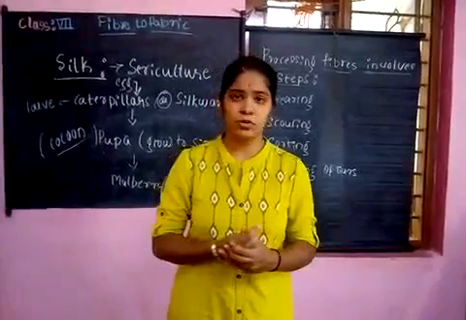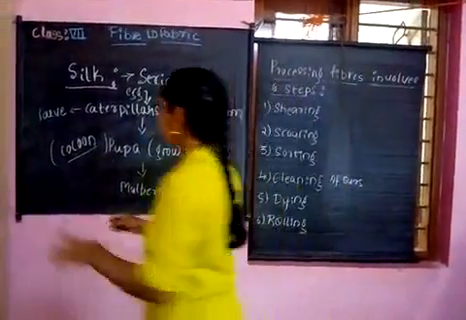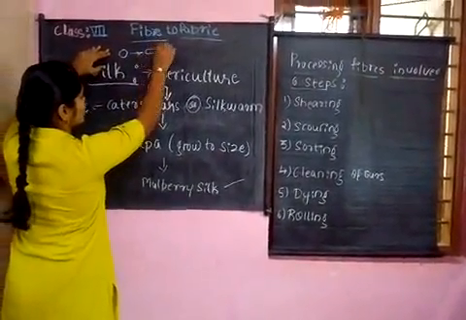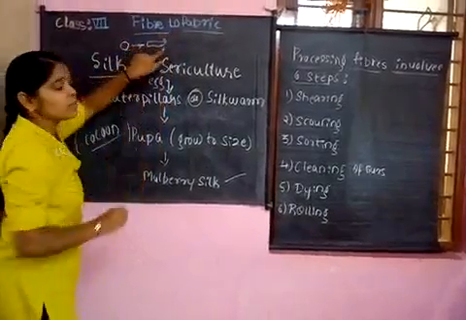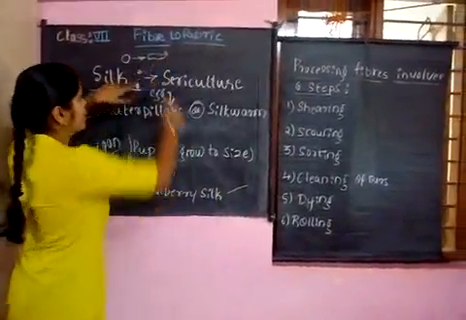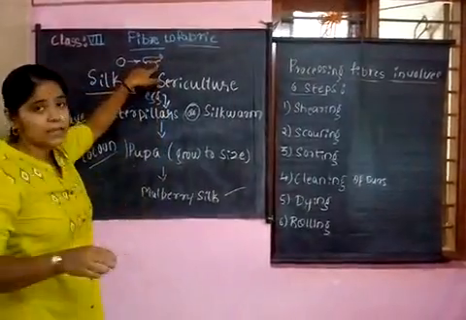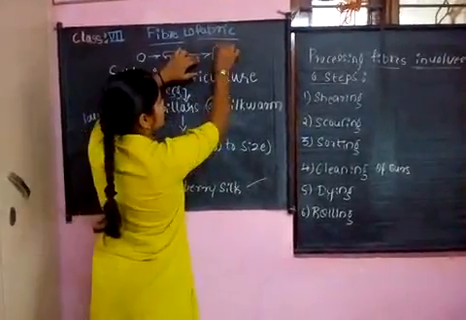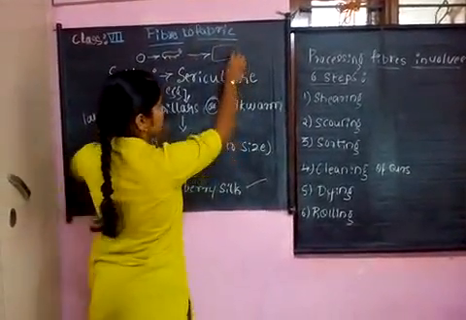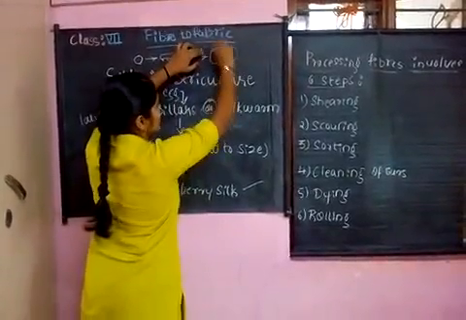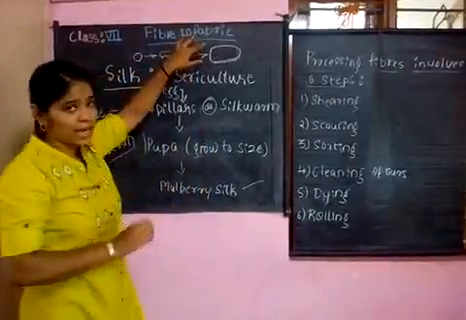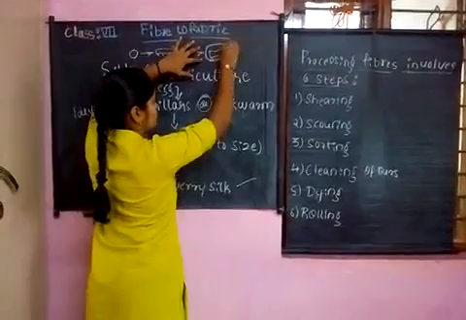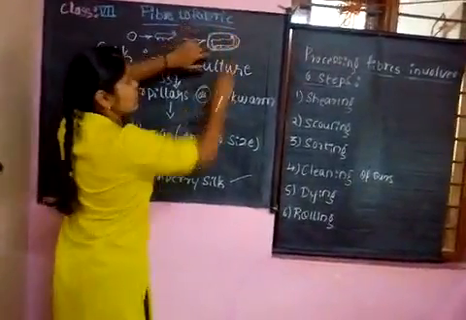Okay, for example, this is an egg and it will be converted into a what? A silkworm or caterpillar. These caterpillars make a cocoon. This cocoon is a protective layer for the caterpillar, and here there will be a caterpillar inside.